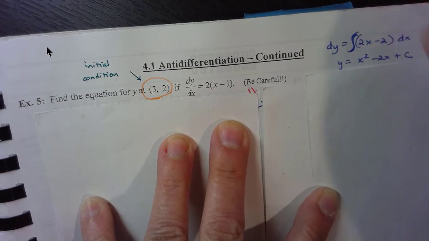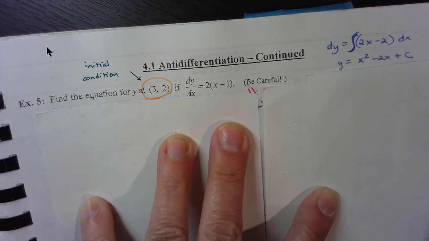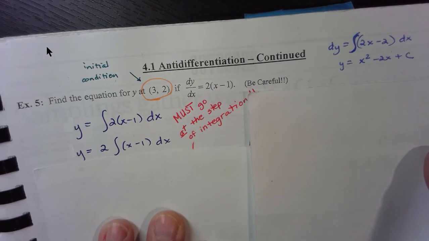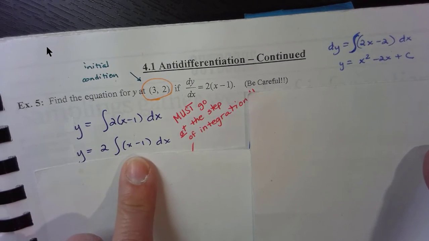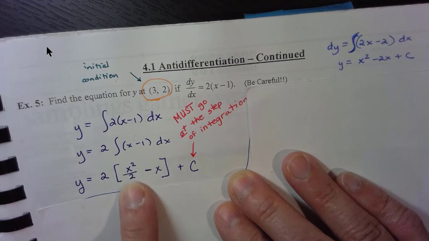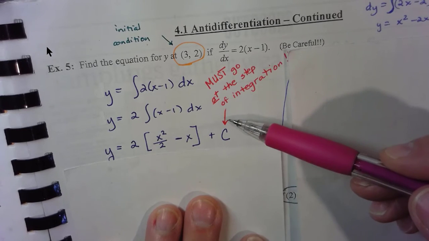The antiderivative of minus 2 is negative 2x plus my constant c. Notice I could bring the 2 out, and antidifferentiating, this term would be x squared over 2 minus x plus my constant c. So my plus c has to happen here.